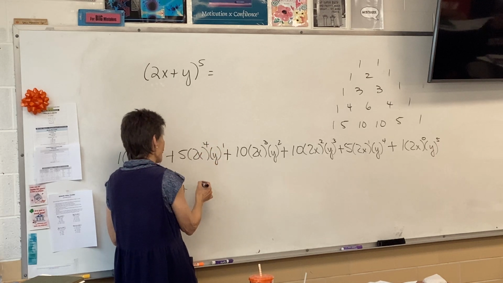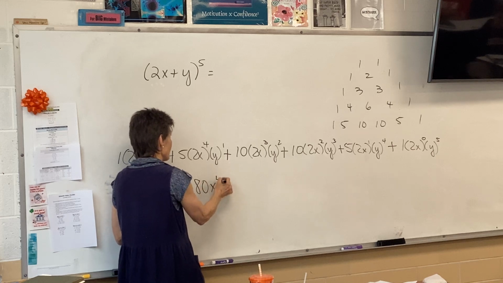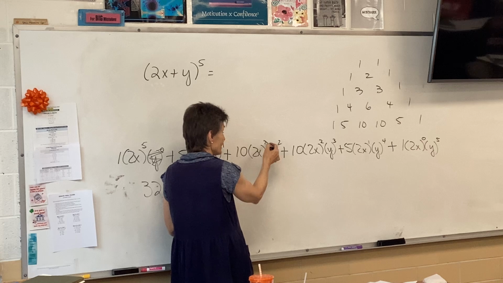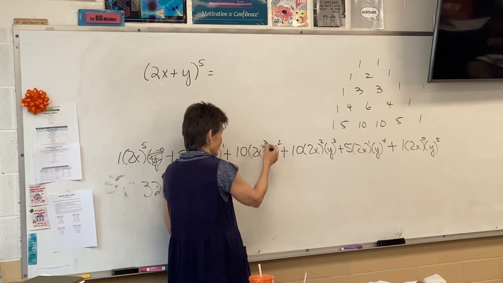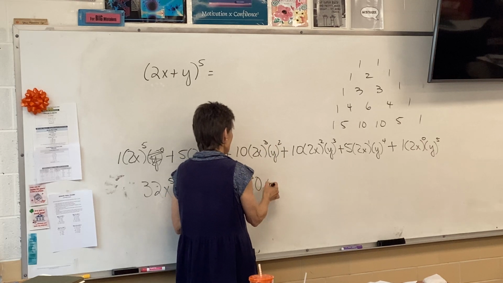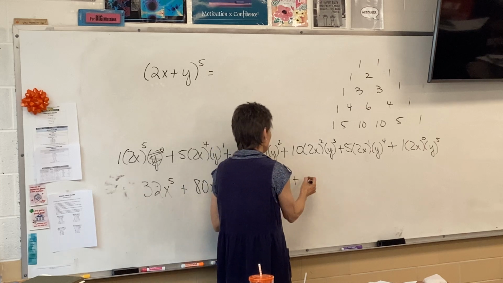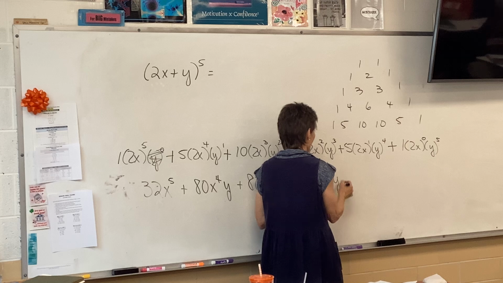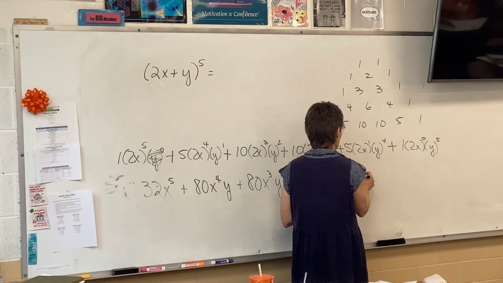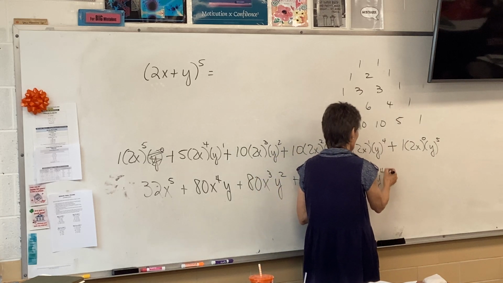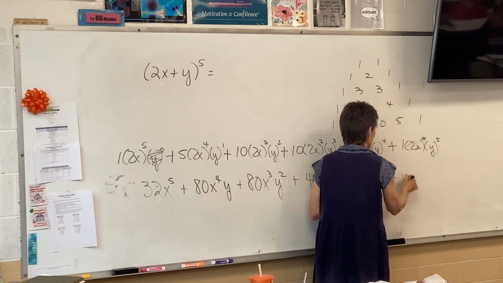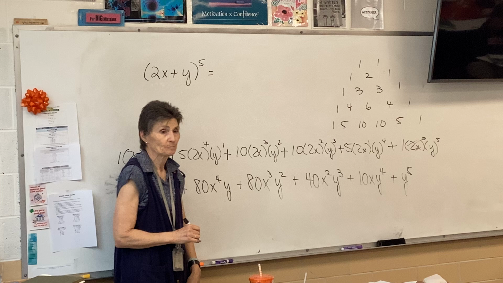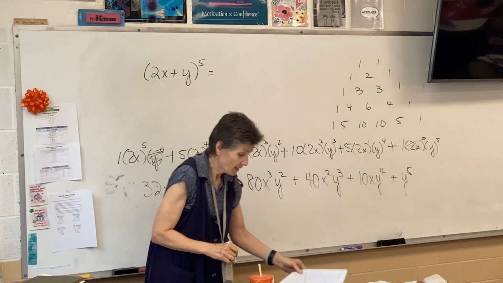So that's gonna be 80 x to the 4th y. That's a 10, but this is an 8. So there's another 80 x cubed y squared. There's a 4, so that's a 40 x squared y cubed. That's just 10 x y to the 4th. That's gone, so the last term is just y to the 5th. Okay, all right.